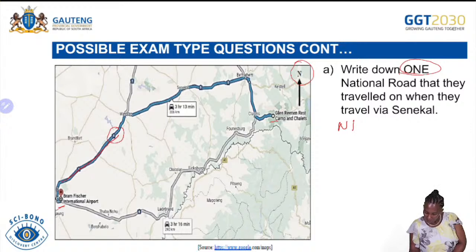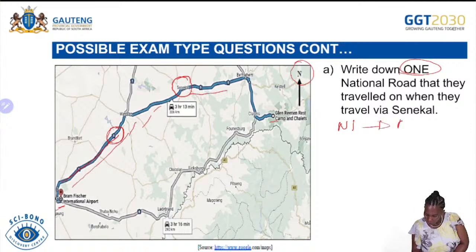So it says write down one national road that they traveled on when they traveled via Senegal. So we have the first one, which is the N1, and then they continue from the Bram Fisher, they used the N1, they continue, and then here's our Senegal. From Senegal, they changed from N1, now they used what?